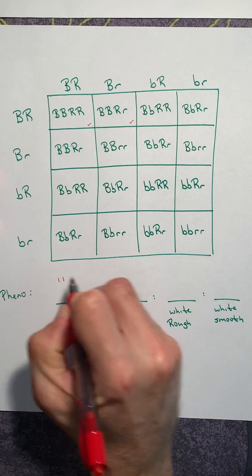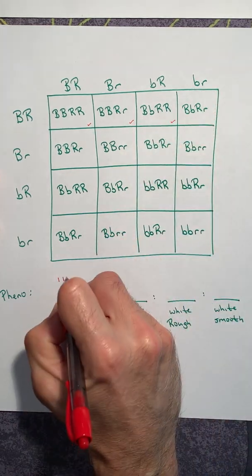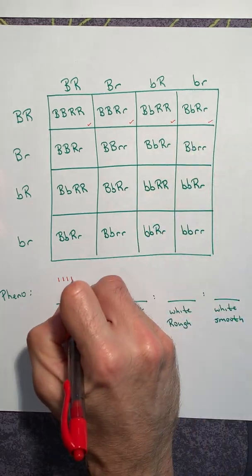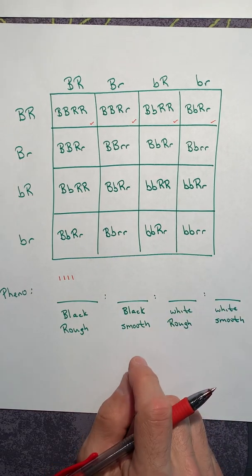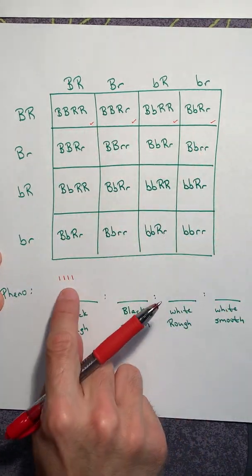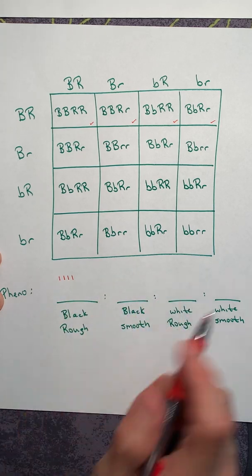Check mark, tick mark. Black, rough. And hey, what do you know? Black and rough. So all four in that first row are black and rough. These little check marks are really important because we have 4 and 4. It's easy to get lost here if you hurry. Take your time, there's no rush.